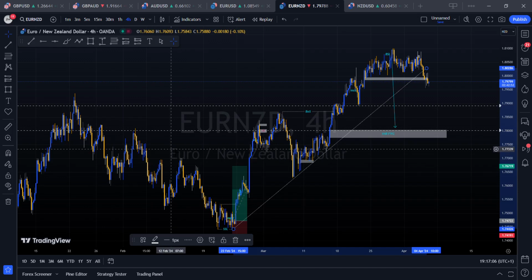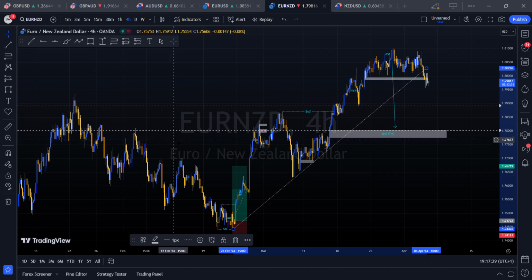Currently price broke out of its trend, and now it's trying to retest the support, which is turning resistance.